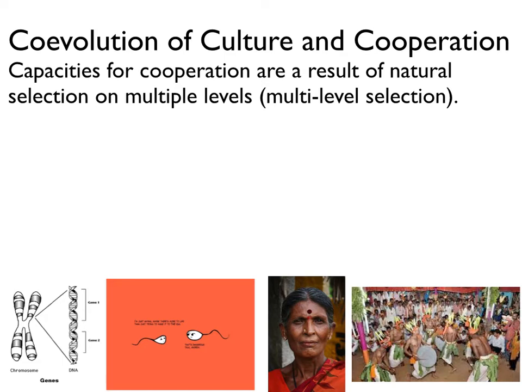So if we think about capacities for cooperation as a result of natural selection on multiple levels, then perhaps we can explain large-scale cooperation. One of the really cool advances in theoretical biology lately was realizing that it's not just individuals competing for success in populations.